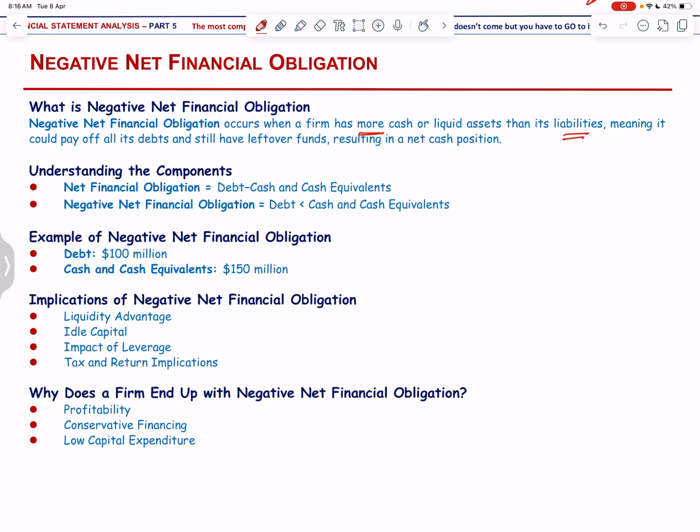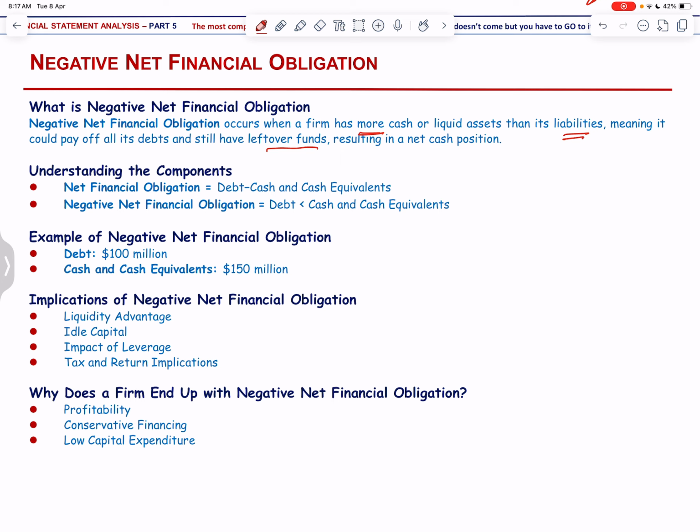In other words, a firm has excess cash or highly liquid assets such that if it were to pay off all its liabilities, it would still have leftover funds. So this leads to a net financial position that is effectively negative in terms of debt, or the firm is in a net cash position.